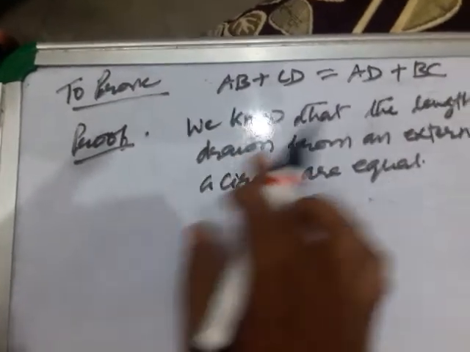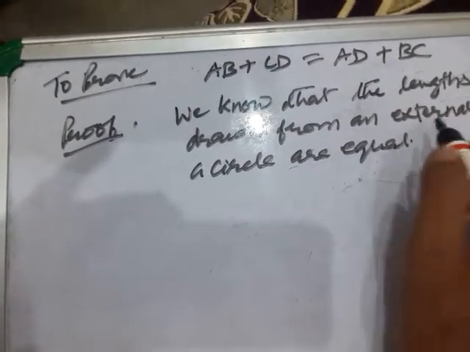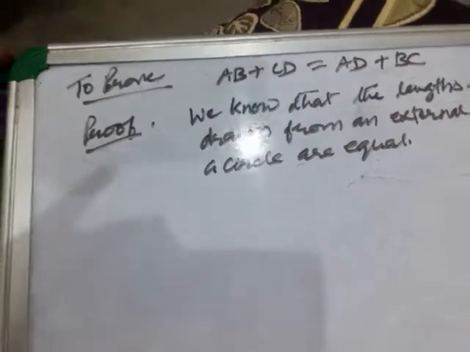Okay, children, we know that the length of tangents drawn from an external point of a circle are equal. That is theorem 10.2.